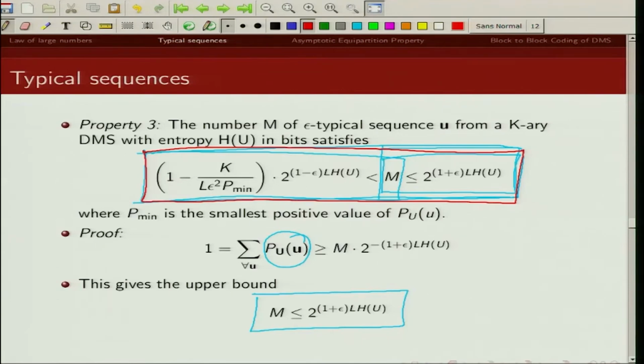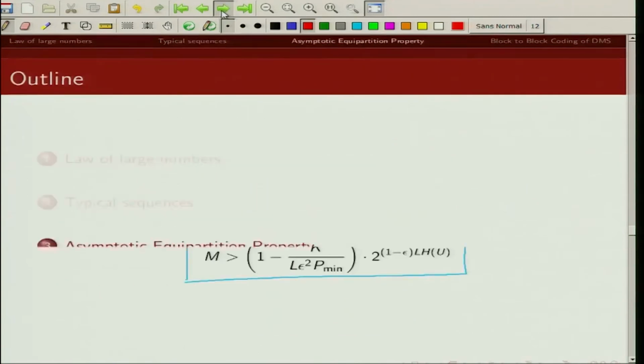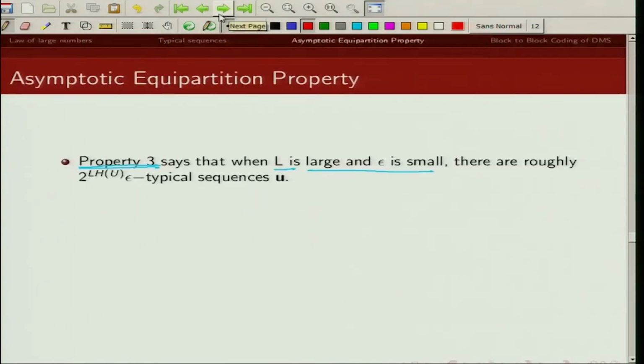If epsilon is small and L is much larger than epsilon square, this term is almost going to 0, and epsilon is a small number. You can see that the number of typical sequences is roughly 2 raised to the power L times H(U).